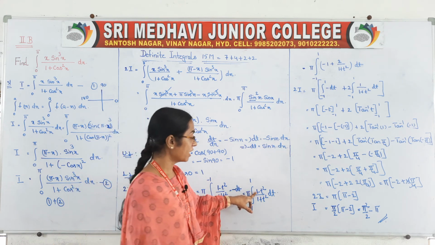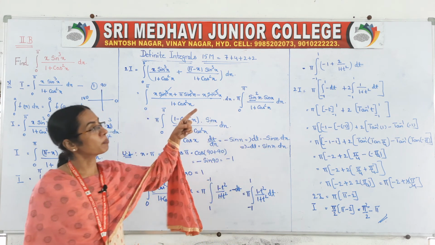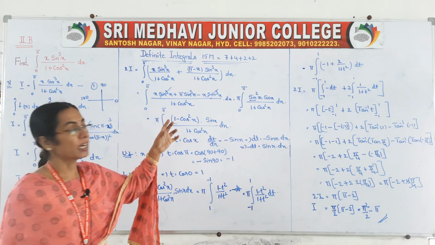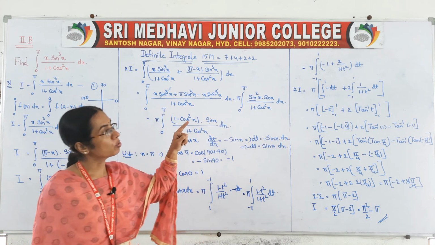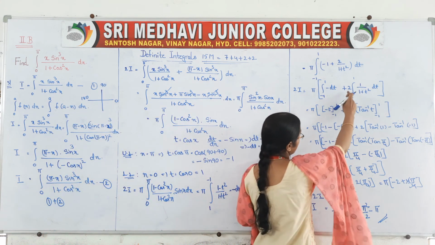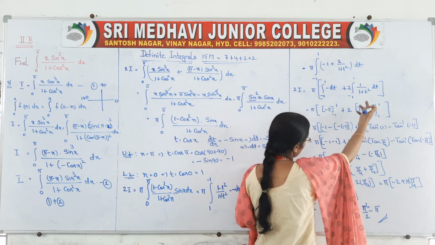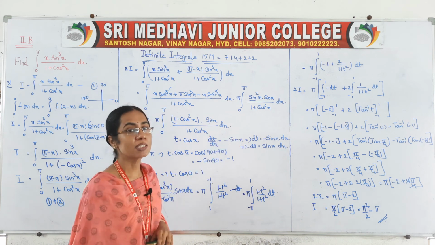After that, I divided 1 minus t square by 1 plus t square, then we got minus 1 plus 2 by 1 plus t square, then separate it, right. Minus 1 into dt is minus dt, plus 2 into 2 is constant. Whenever a constant is there in the integral, we write it outside, 1 by 1 plus t square. It is the most repeated formula in integrals, that is tan inverse t.